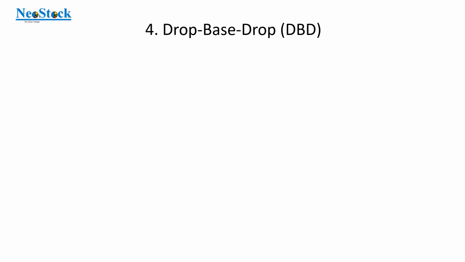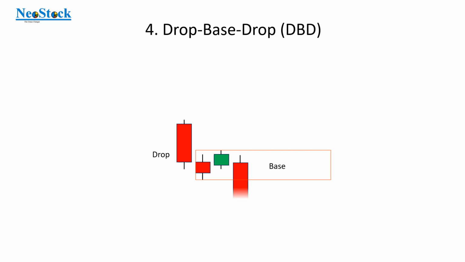And the fourth one is drop base drop. We have a leg-in as a drop candle followed by base candles. And then we have a leg-out as a drop candle.